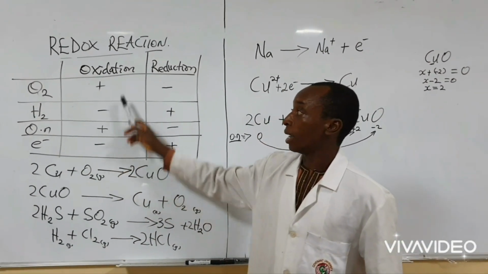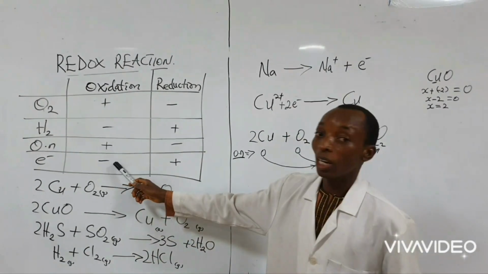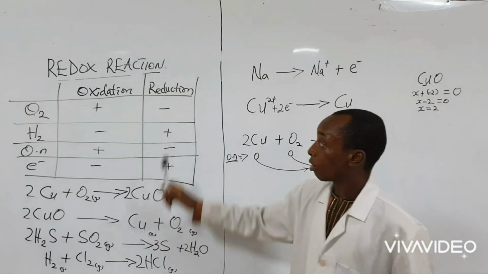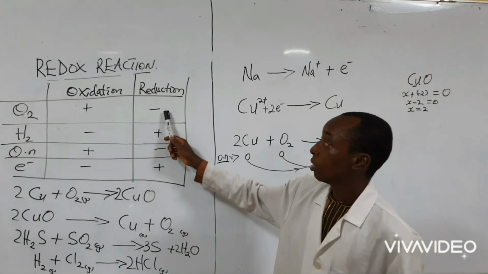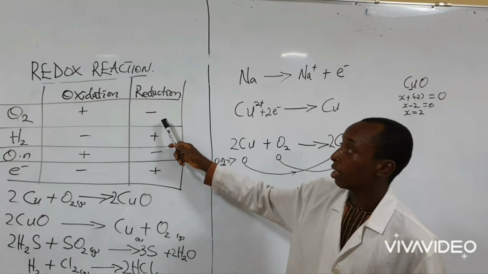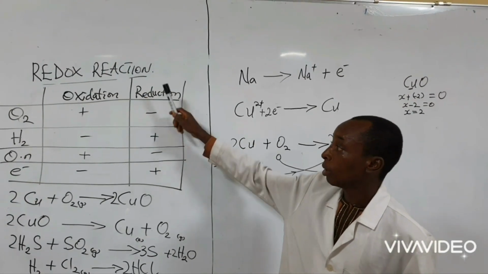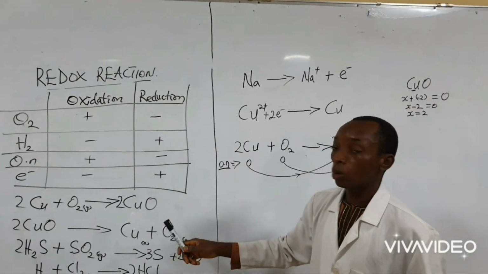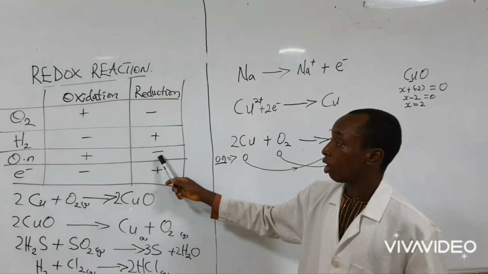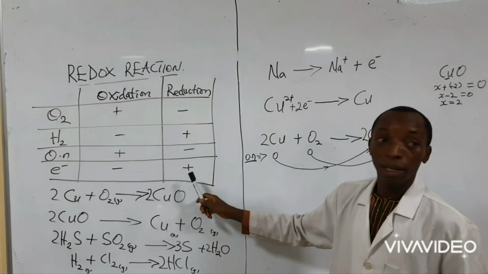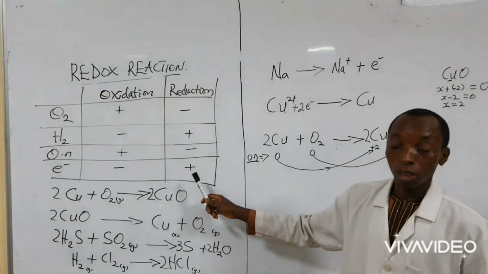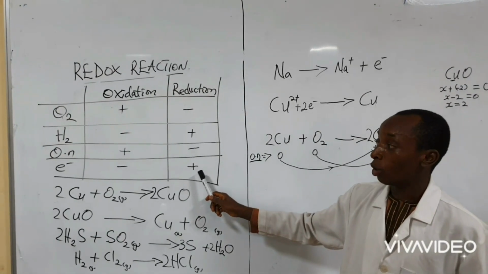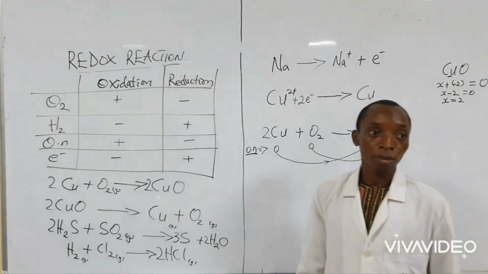Increase in oxidation number is oxidation. And loss of electron is oxidation. Coming to reduction: reduction is removal of oxygen from a substance, addition of hydrogen to a substance, decrease in oxidation state, and gain of electron.